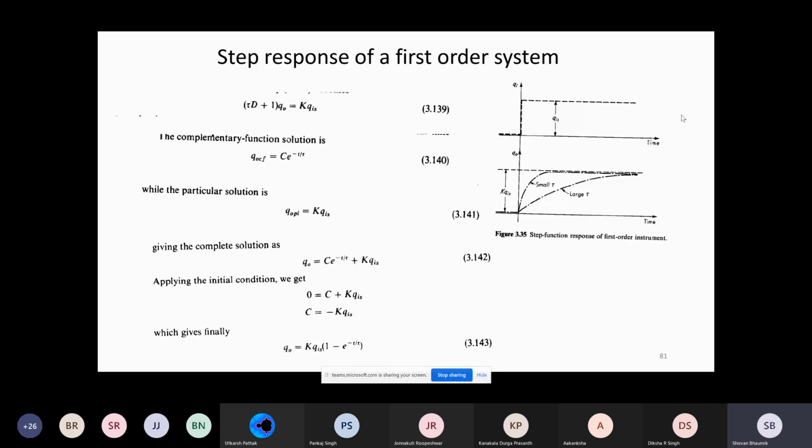This K is known as the static sensitivity or static gain. This way we can find the step response of a first order system.